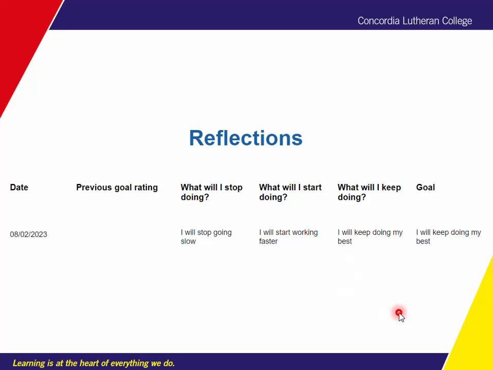Because let's be honest, what does slow mean? And what does faster mean? And what does my best look like? So we want students to give a more detailed goal so that they actually know what it is they are going for, because on their home screen, their goal will always be reflected.